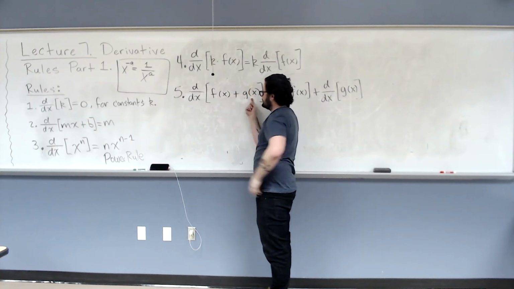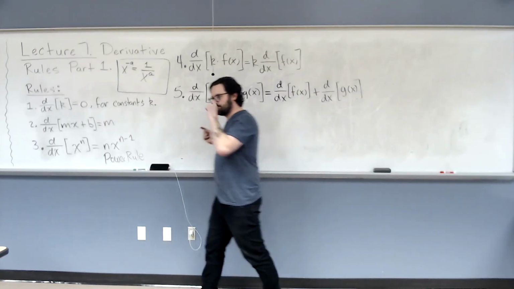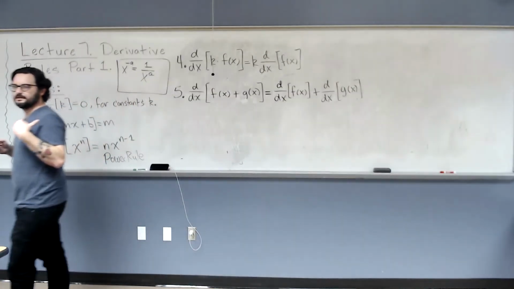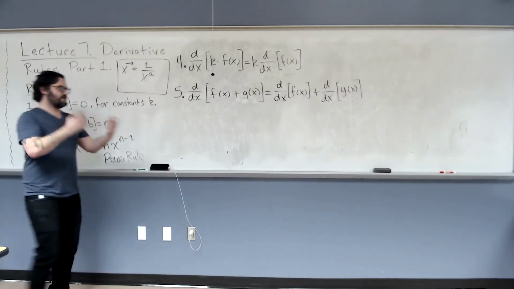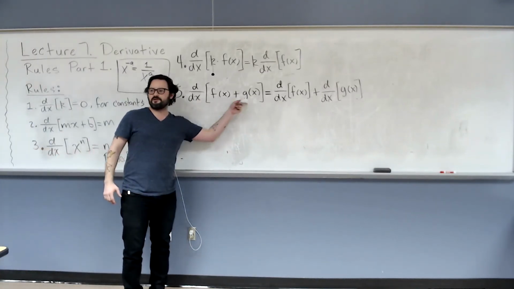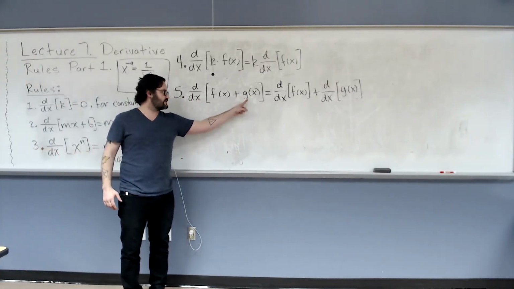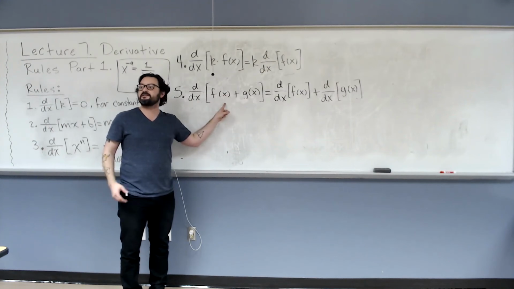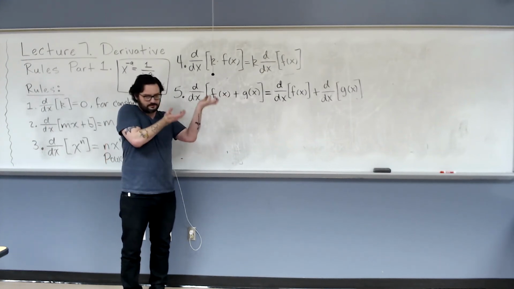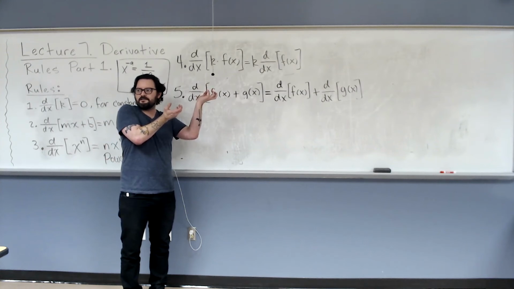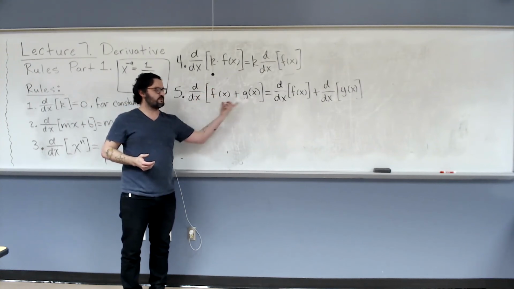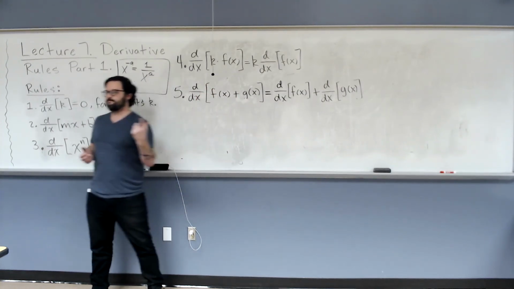Now, if we add another function to it, g in this case, isn't the change of this sum dependent on both of them, right? Like how fast this is changing and how fast that is changing together. Their cumulative change in y is now going to be the change in y for the sum function.